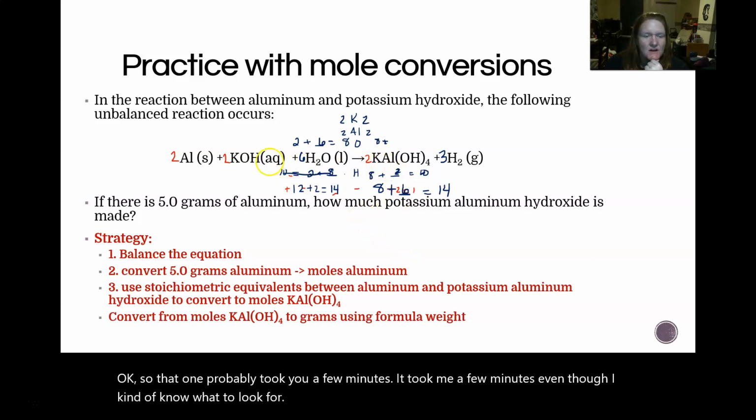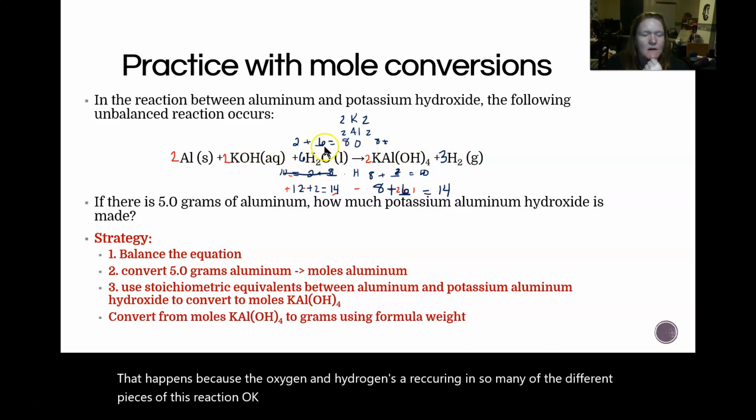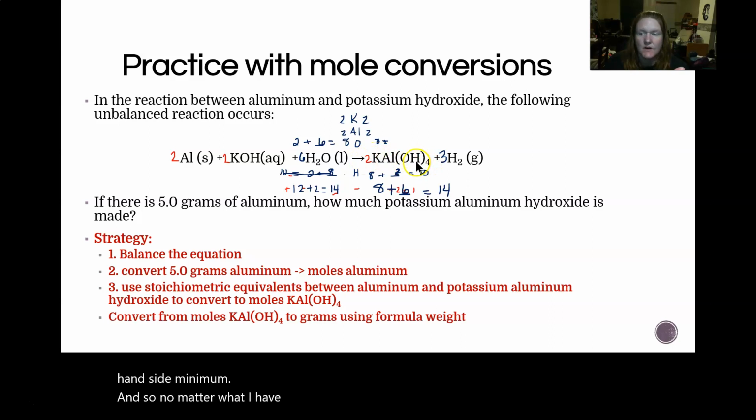That happens because the oxygen and hydrogens are occurring in so many of the different pieces of this reaction. Okay, so the key for me was realizing I have 4 oxygens on the right-hand side minimum. And so no matter what, I have to have an even number. No matter what I multiply 4 by, it's going to be even.